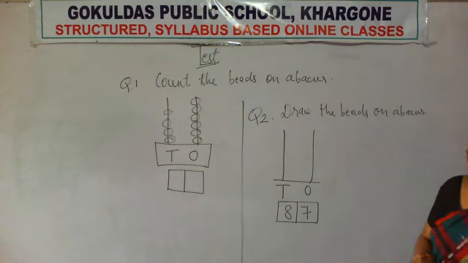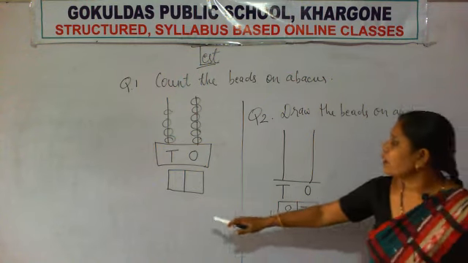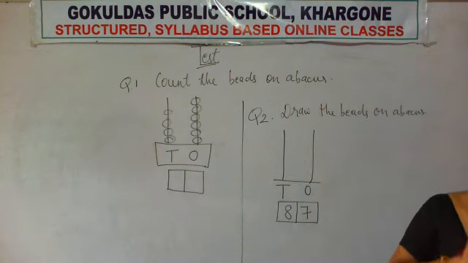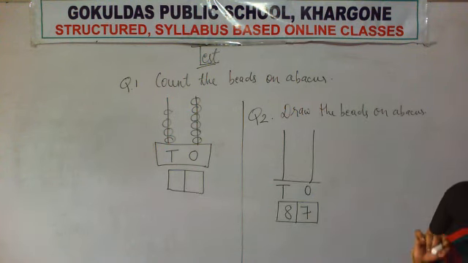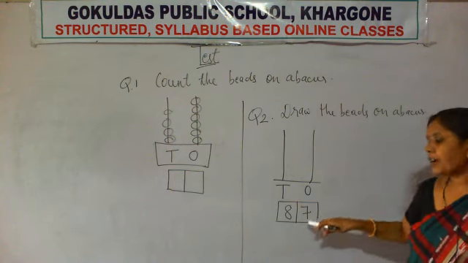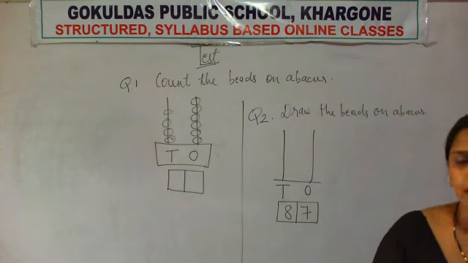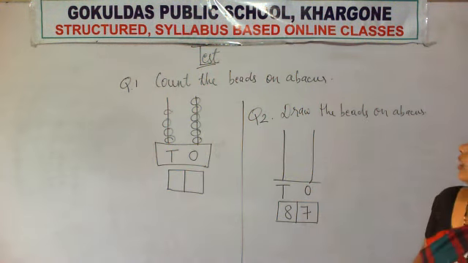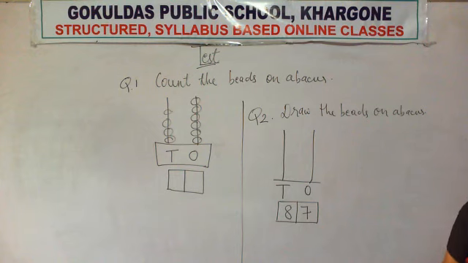In one question, you have to count the beads on abacus and find the number that will form. And in the second question, you have to draw the beads on abacus and the number is given: 8787. Have all of you finished the first question?